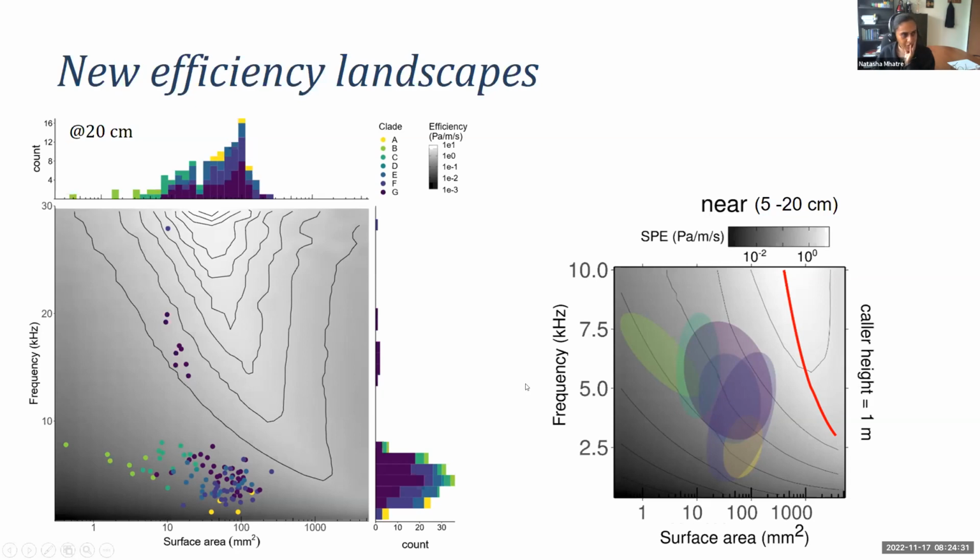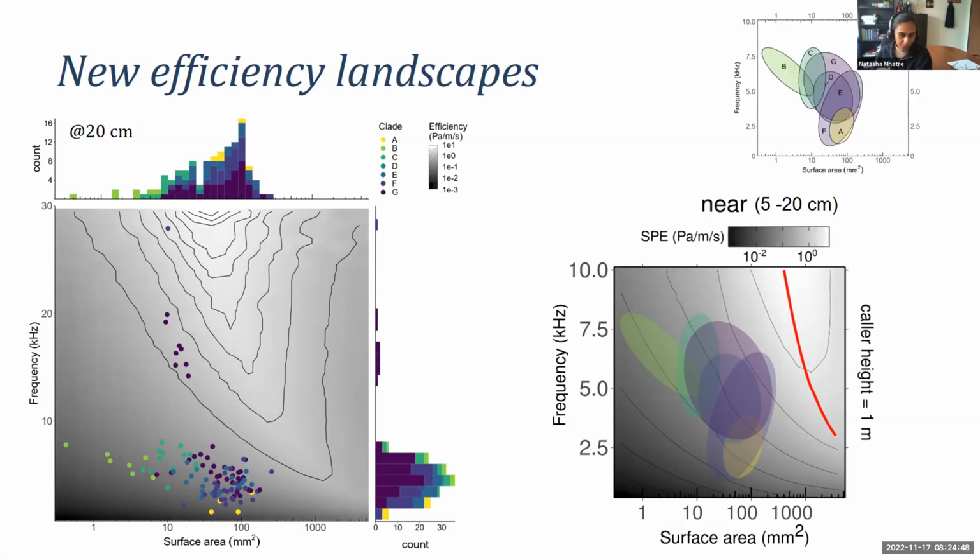But what was different about both of these is, in the FE models, we could only really model an acoustic field of about 20 centimeters. In this system, we can model an acoustic field that goes as far as 1 meter away from the singer.